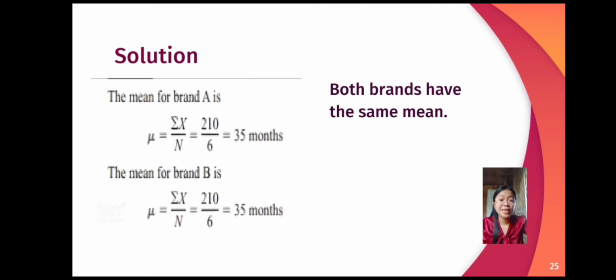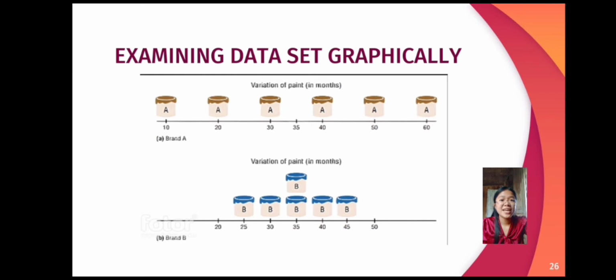Since the means are equal, we usually think that both brands of paint last equally well. However, when the data sets are examined graphically, a somewhat different conclusion might be drawn. Even though the means are the same for both brands, the spread of variation is quite different.